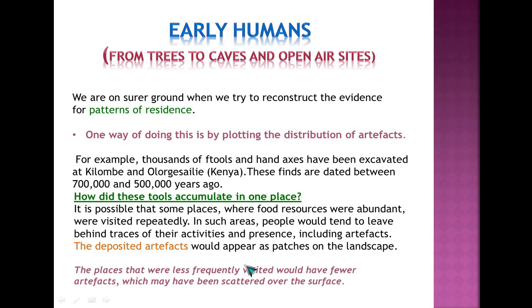It is very easy to find the deposit of the artifact. It stays for a longer time, right? And the places that were less frequently visited would have fewer artifacts. Okay, so it is something very logical to think of, which may have been scattered over the surface. So that is how they got all this evidence.